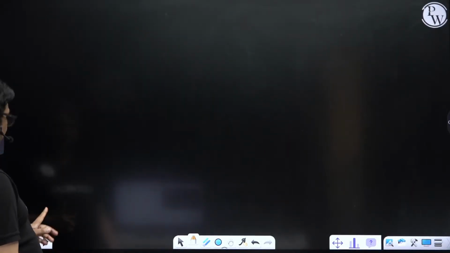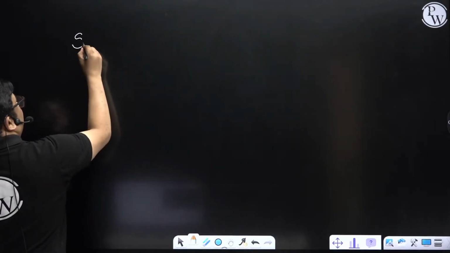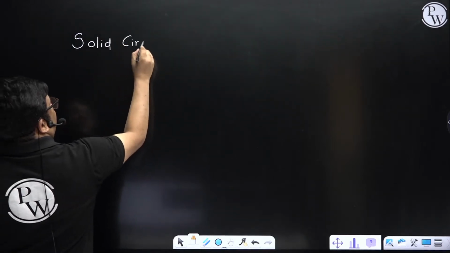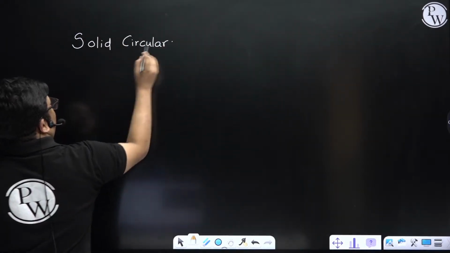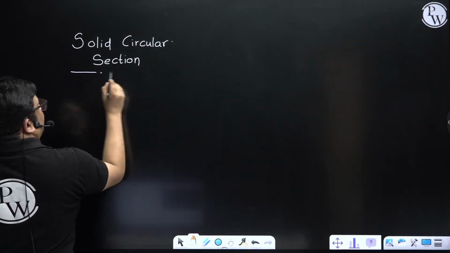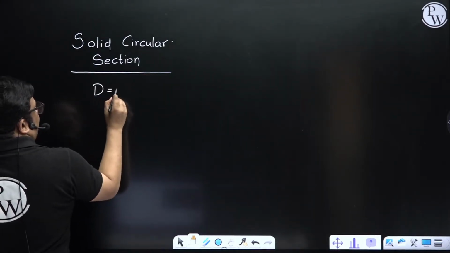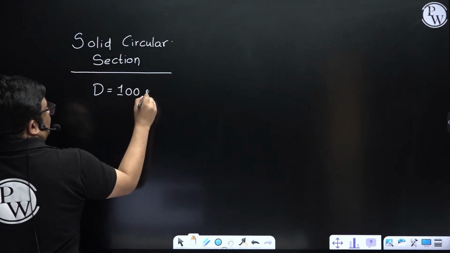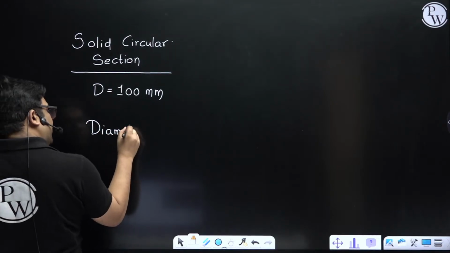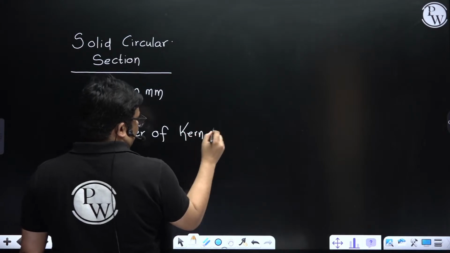Now, if this same question was for a solid circular section, and suppose it was only one diameter, suppose D was 100 mm only, then the diameter of the core would have been how much?